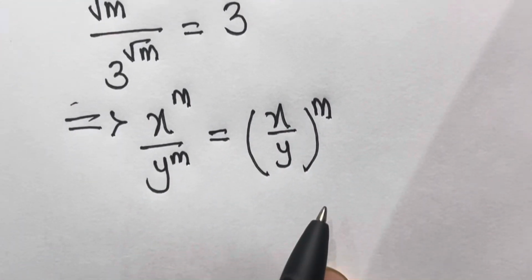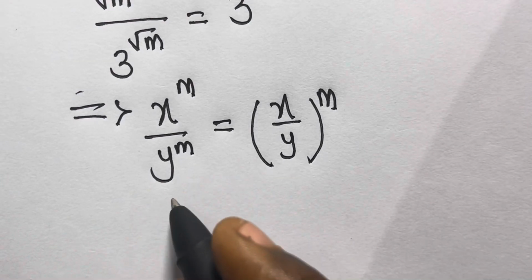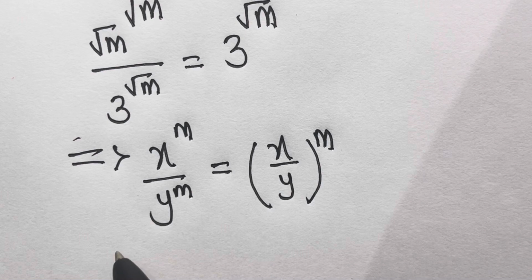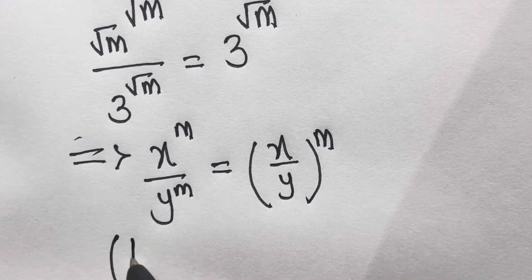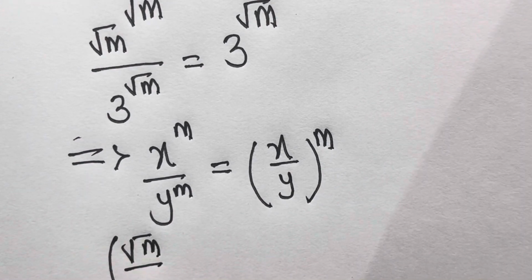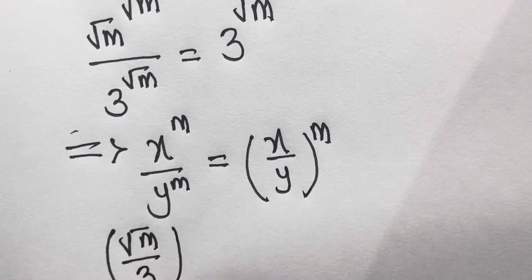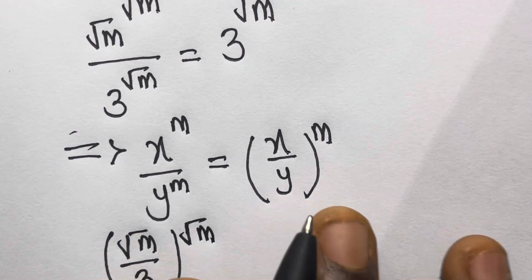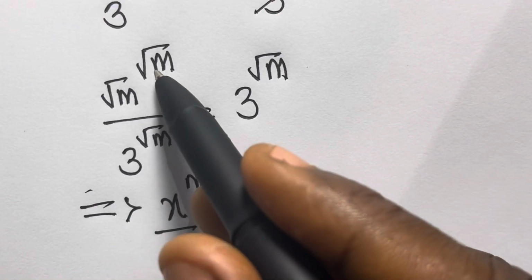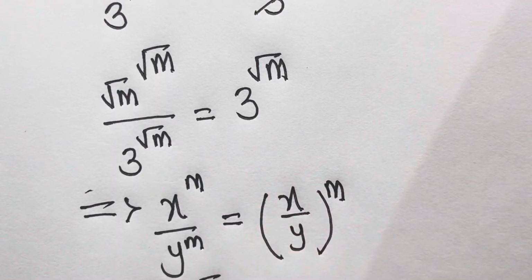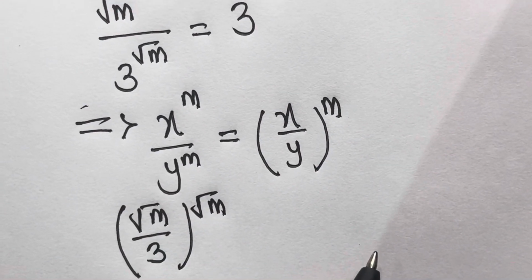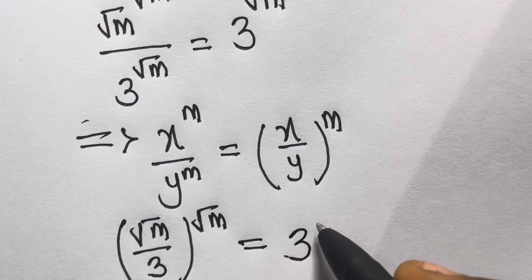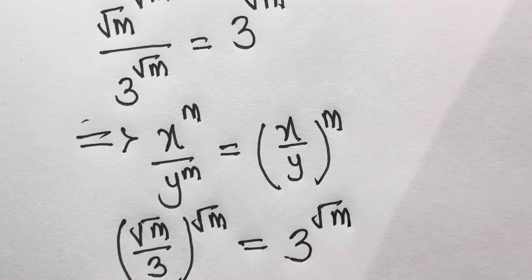So now here, this becomes square root of m divided by 3 raised to power square root of m, since they both have square root of m, equals 3 raised to power square root of m.